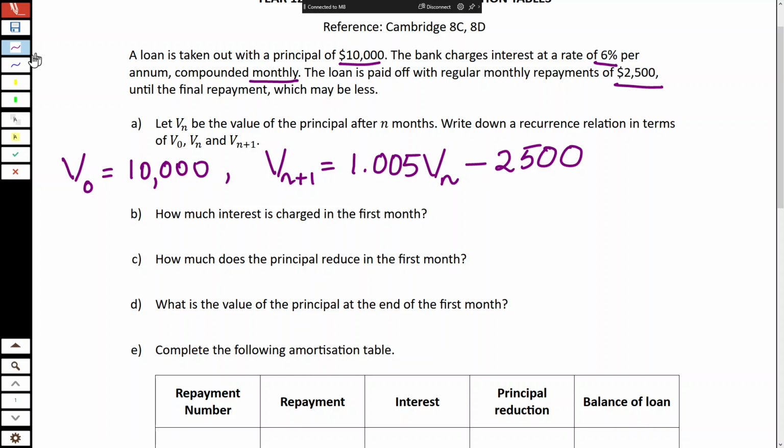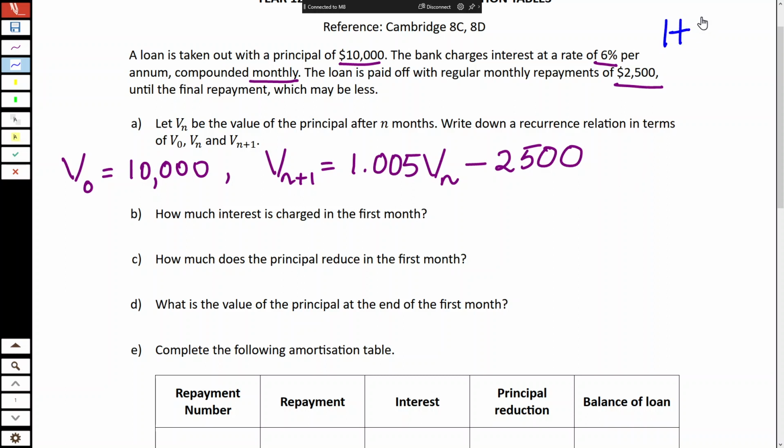Now, Jordan told us to use 1.005, and this number isn't in the question. So it's worth taking a moment to remember where this came from. So Kai, where does the 1.005 come from? So we take 1 plus, we do the R calculation.